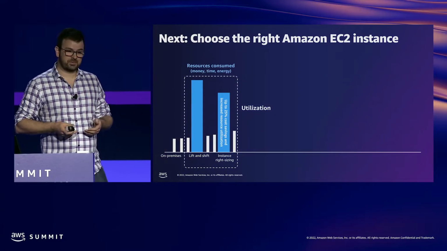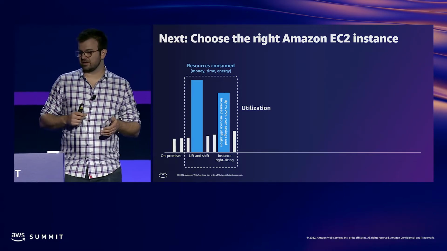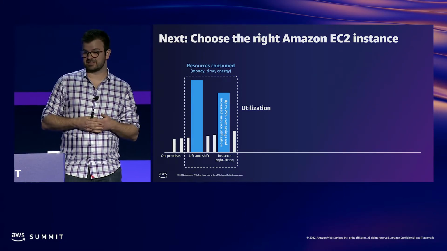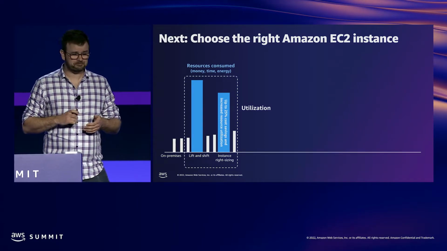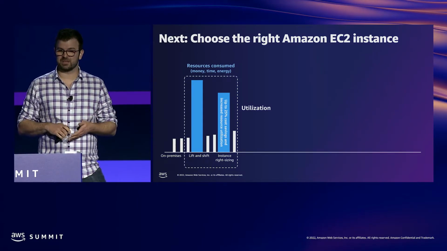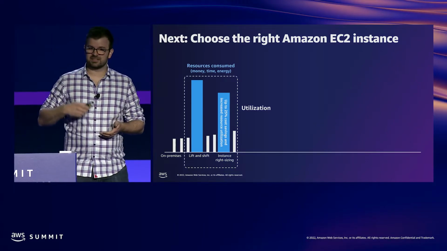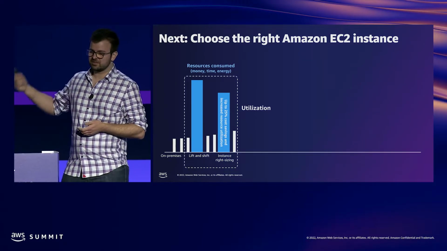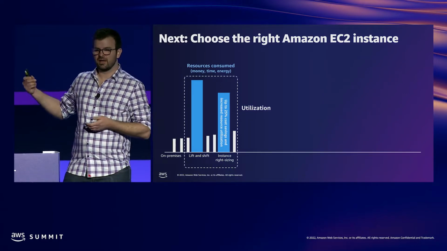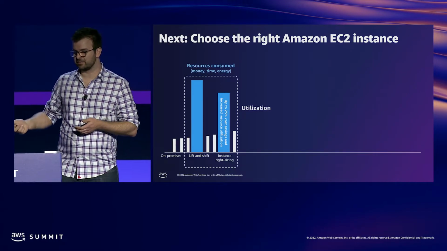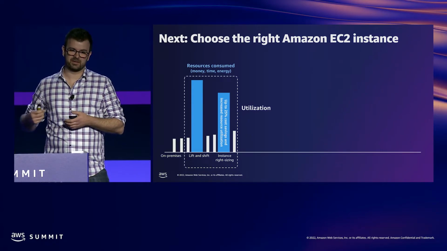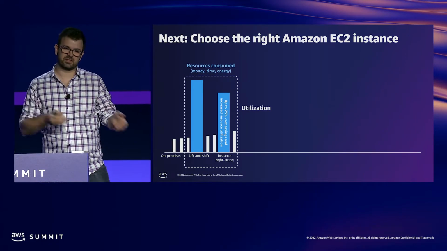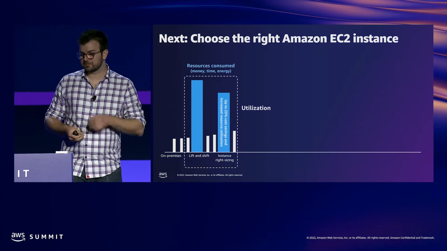Now, the next step to eliminating waste in your architecture is choosing the right instance type and size. And this feels like something that, at least I had assumed, most customers were doing. But as I'm working with people and understanding how waste is used in the data center and on AWS, I'm seeing this as a pretty big source of waste, especially for customers who come from traditional environments.